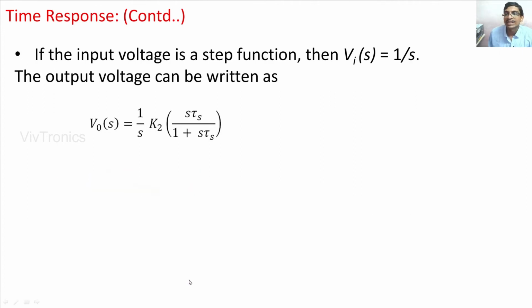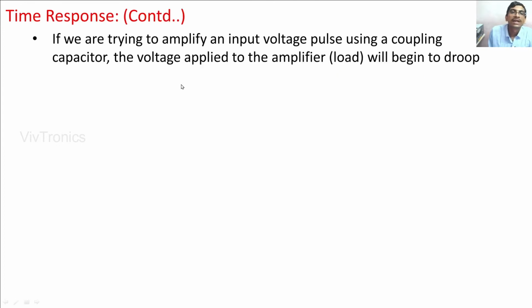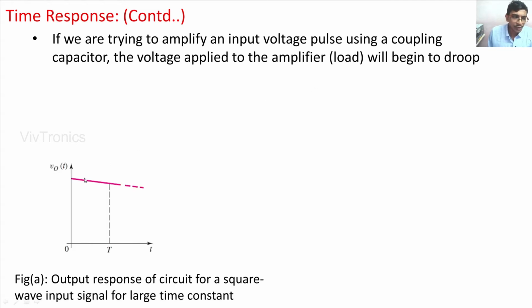Here we are assuming this series circuit as an input side circuit, and Zc is a coupling capacitor. If we try to amplify a voltage pulse using a coupling capacitor, the voltage applied to the amplifier will droop, which means the output voltage will fall. So the output voltage may fall when we give a pulse signal to our amplifier circuit using this coupling capacitor.